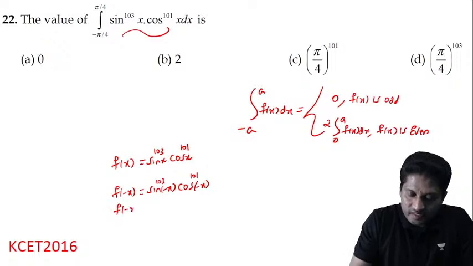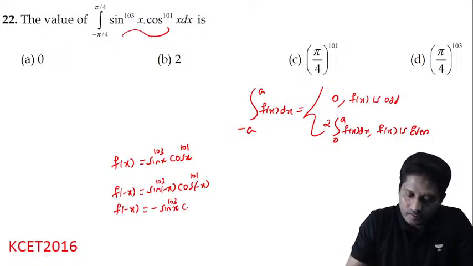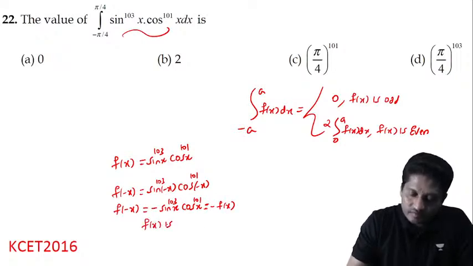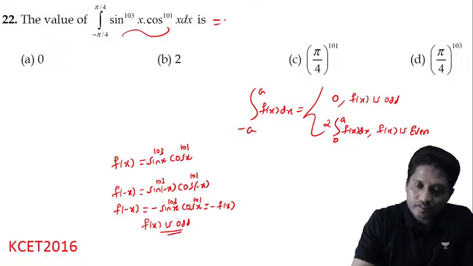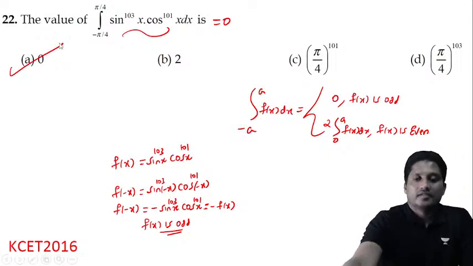Sin of minus theta is minus sin theta, so this is minus sin x to the power of 103. Cos of minus theta is plus cos theta, so cos x to the power of 101. This is minus f of x. The f of minus x is minus f of x, so f of x is odd. If f of x is odd, this will be equal to 0. Answer is option. Let's move to the next question.